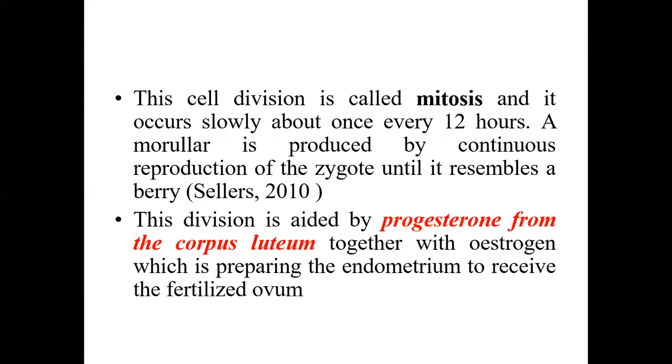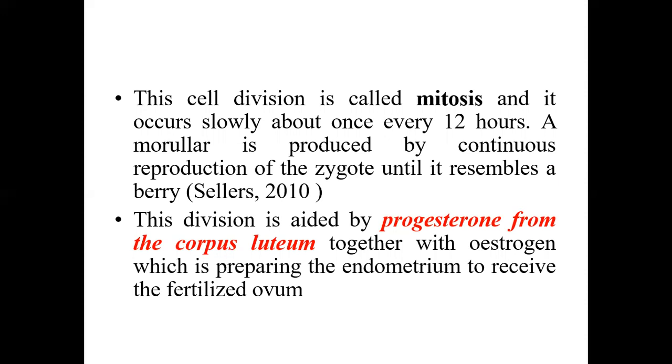This division is aided by the progesterone from the corpus luteum. The corpus luteum is the structure that will remain when the ovum has been released, which is also known as the yellow body. So this division will be aided by the progesterone produced from the corpus luteum with the estrogen, and this usually facilitates the preparation of the endometrium to receive the fertilized ovum.